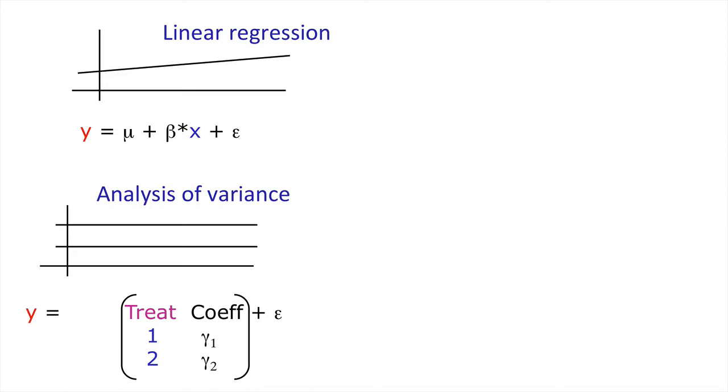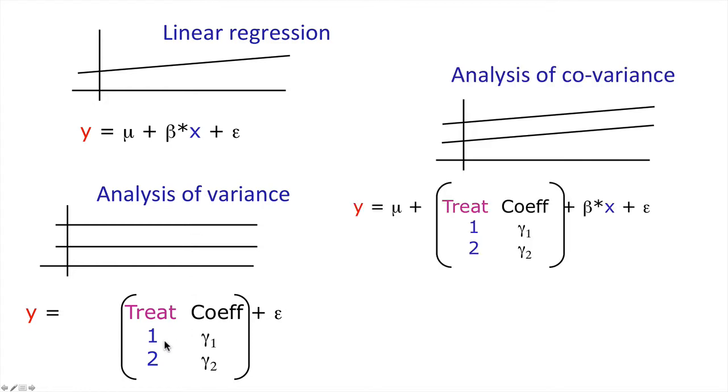What we're going to be looking at today is a combination of linear regression, in which we've got a continuous predictor, and analysis of variance, in which we've got a categorical predictor. And here is what it looks like in its simplest form. Here we have a continuous response related to the levels of a categorical predictor and also the size of a continuous predictor.